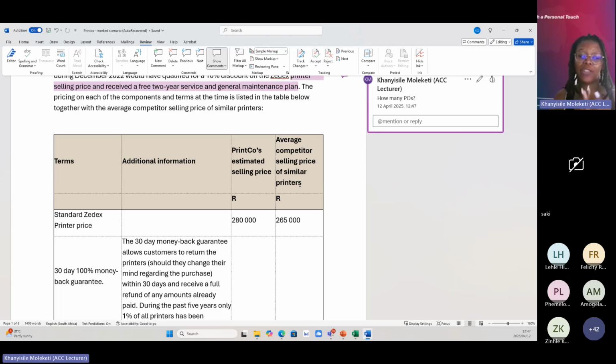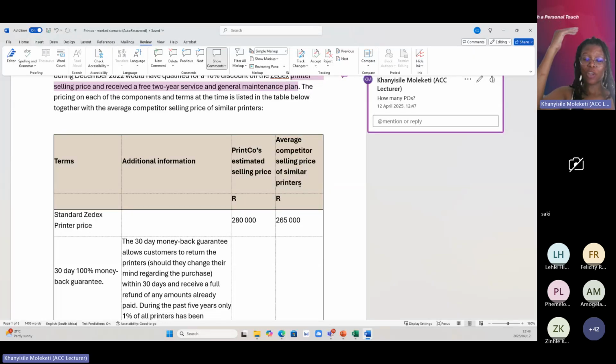So remember we spoke about allocating the transaction price. We said there's a hierarchy of what you prefer, right? For allocation, we need the standalone selling price, first price, Camilla? Okay.